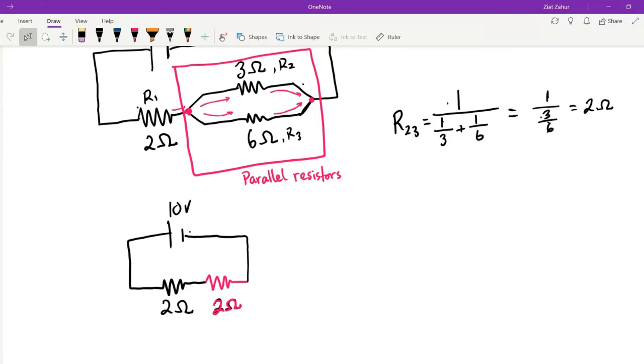Anytime you have parallel resistors, the total is always less than the smallest one. In this case, the smallest one was 3, and the total is less than 3. Anytime you open up a new pathway for charges to flow, you're reducing the total resistance in the system.